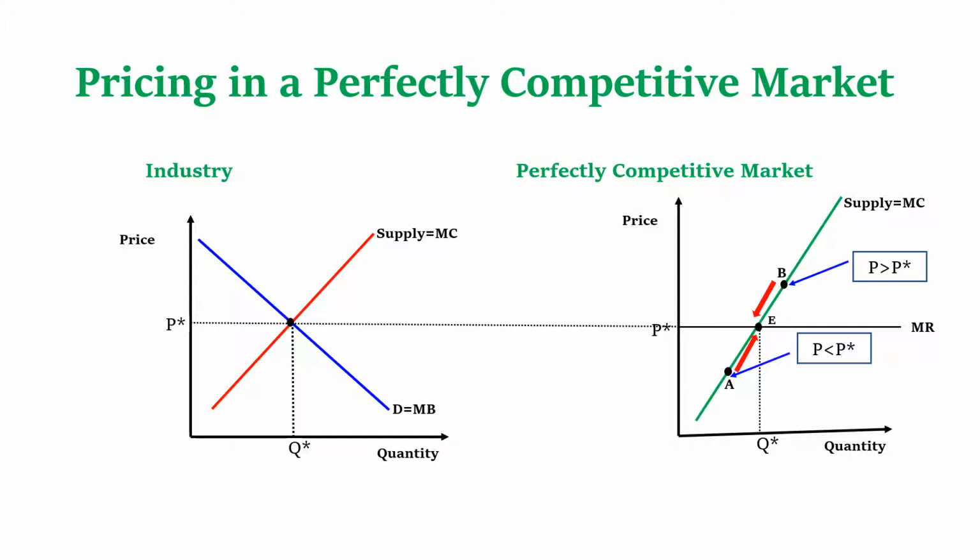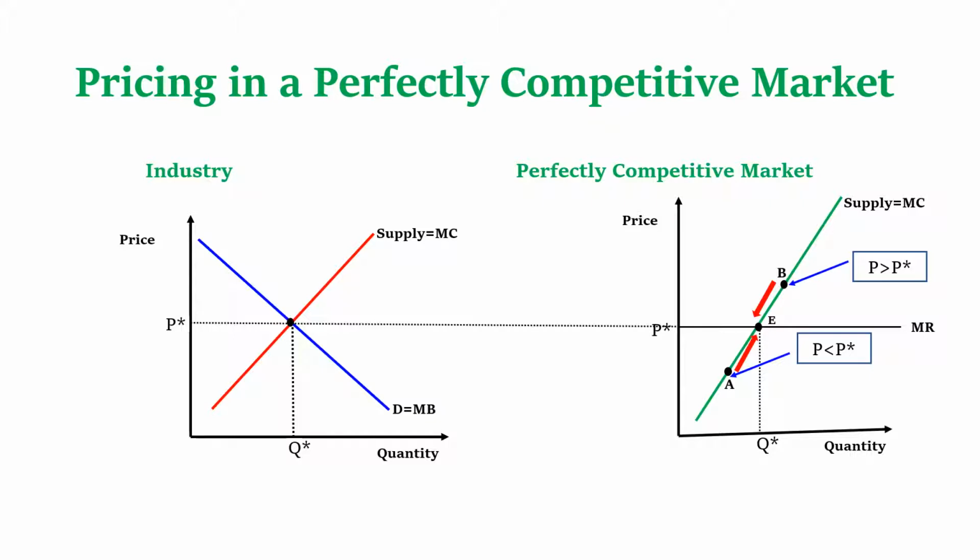As you can see, the price here is equal to the marginal revenue. The reason why the perfectly competitive farm is selling at this price is because it is a price taker. It has no influence on the market price. It cannot increase the price of its product above this market price.